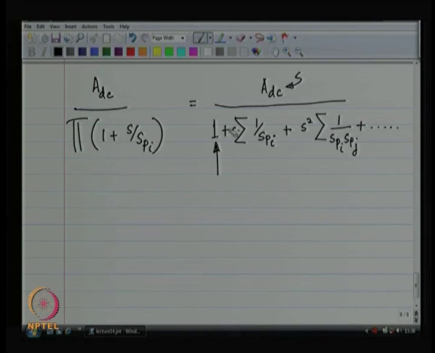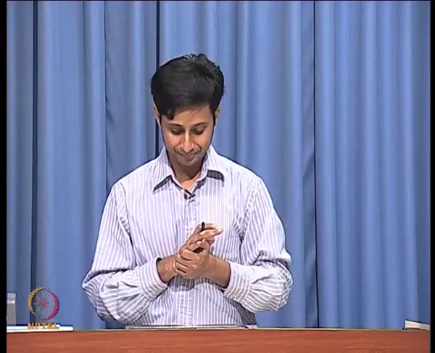Because S is really j omega, right. So, as you increase omega, the contribution from the first order term increases. So, before the 3 dB frequency arrives, contribution from the first order term is not even there, right.